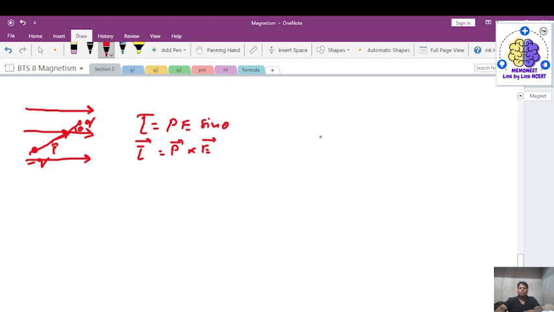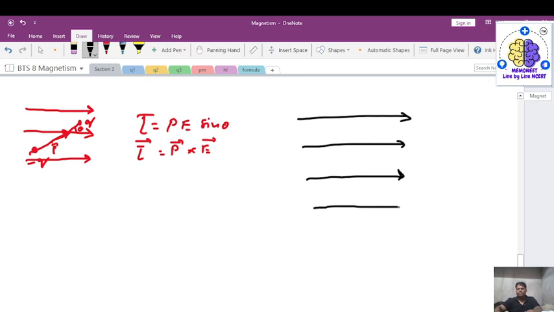Similarly, if in a uniform magnetic field, the way we represent a uniform electric field by parallel and equidistant lines, the same way we will represent the magnetic field with parallel and equidistant lines, and there is a bar magnet placed in it. That is, suppose this is south and this is north.